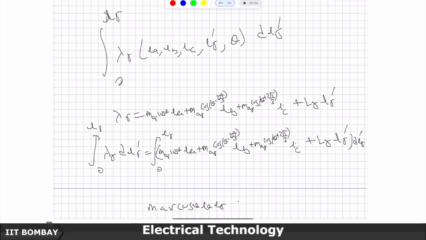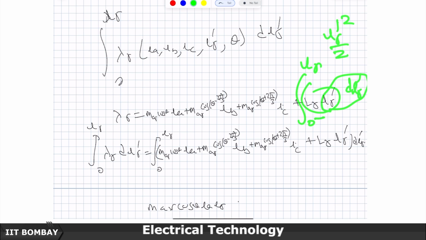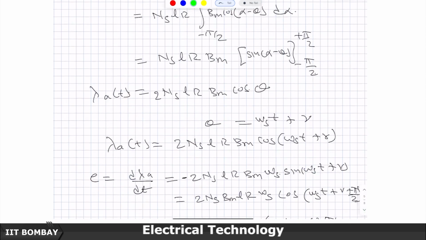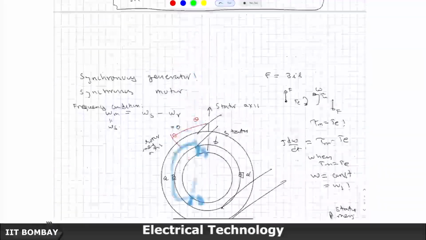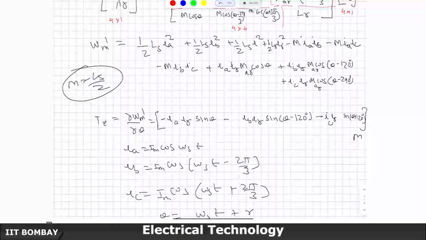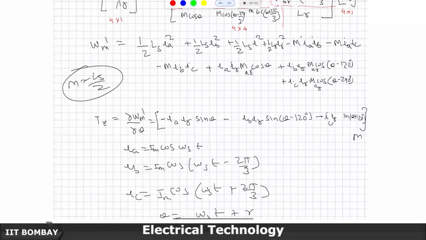When you integrate LR dash dIR dash from 0 to IR, it will give you IR dash square by 2, and that term will bring me half of LR IR square.